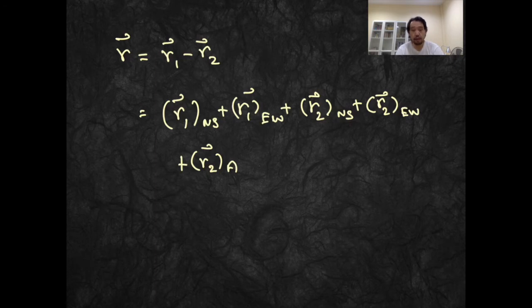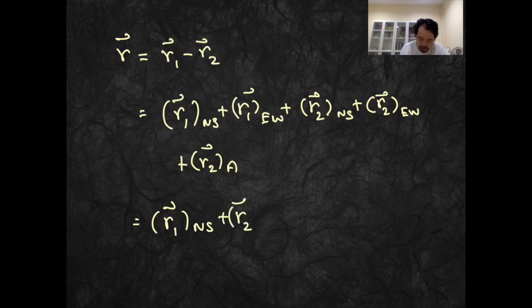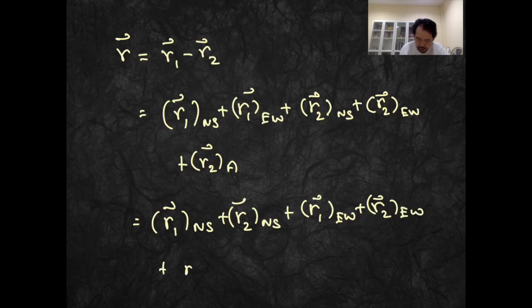Altitude, not attitude, altitude. Again, now we can use the commutative property of the vector, which we can write as R1 of the north-south plus R2 of the north-south plus R1 of the east-west plus R2 of the east-west plus R2 of the altitude.